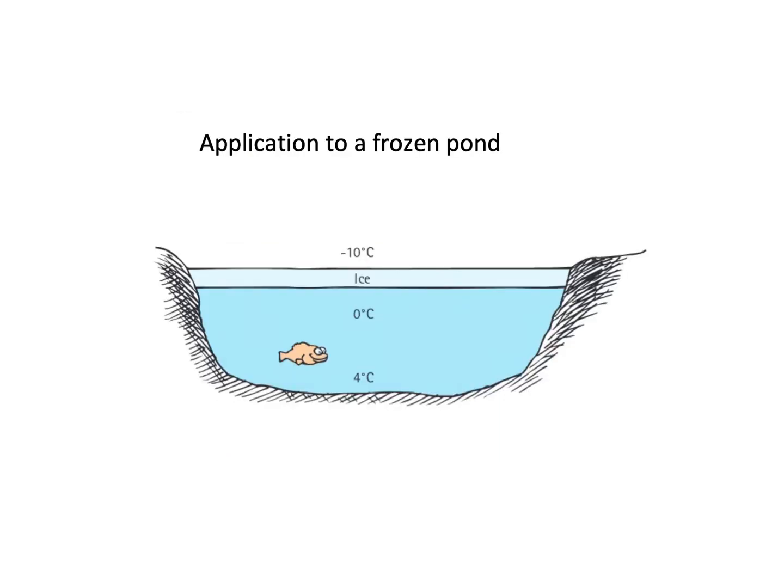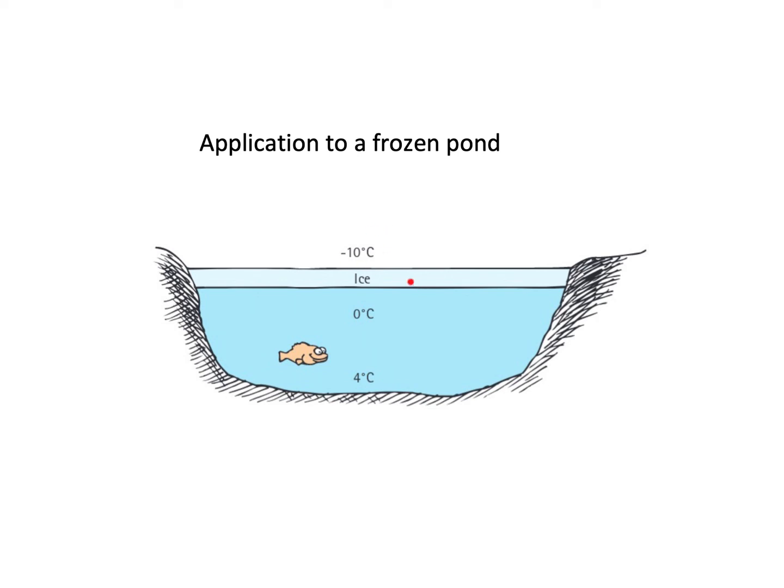Now here's the fun thing about that. What that means is that rivers and lakes and big bodies of water are always going to freeze from the top down. So let's say it's really, really cold, like 10 degrees below 0 Celsius, and we know that water freezes at 0 Celsius.